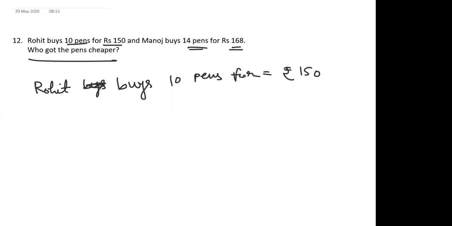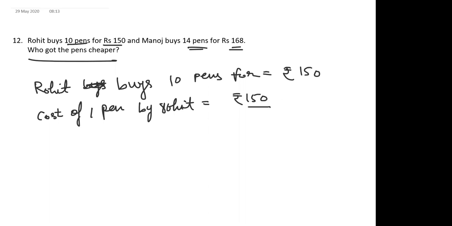So cost of 1 pen by Rohit is equal to rupees 150 divided by 10, so rupees 15. So Rohit buys 1 pen for rupees 15.